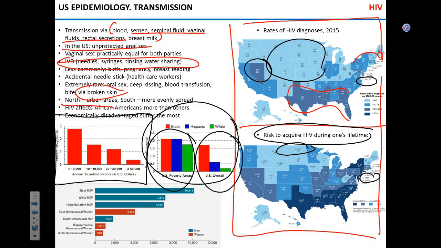So you can see that this is a disease that affects mainly African Americans. But if you look specifically at the areas with the same level of income, it's fairly evenly distributed.